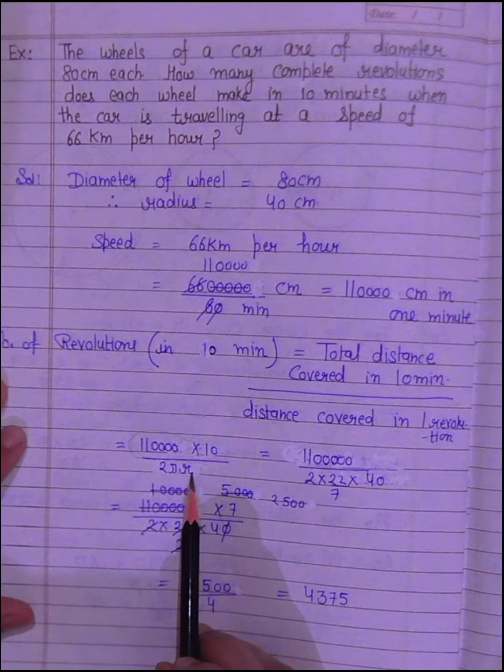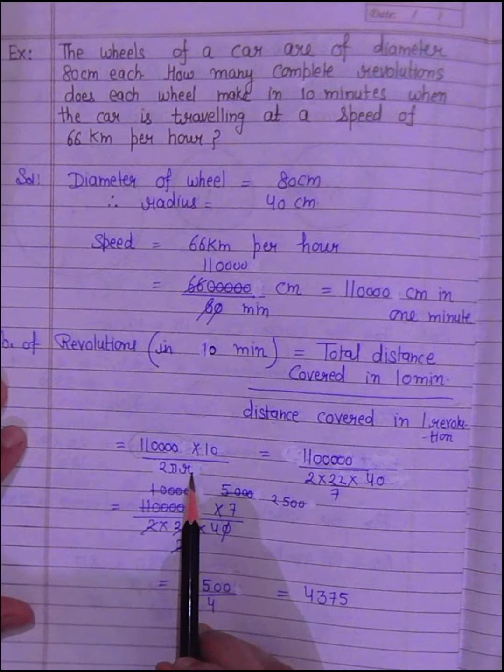When it covers an area in 5 minutes, that will be a sector. So we should know the central angle, because radius we already know. The central angle swept by the minute hand in 60 minutes is equal to 360 degree. Therefore the central angle swept by the minute hand in 5 minutes will be equal to 30 degree.